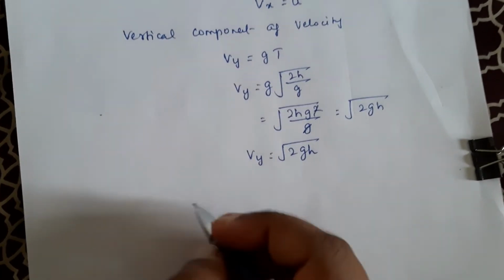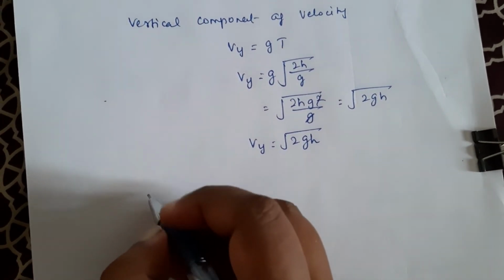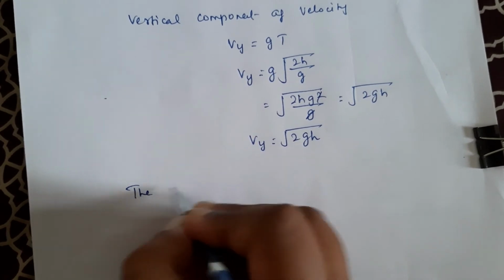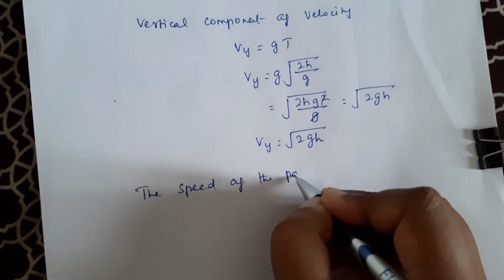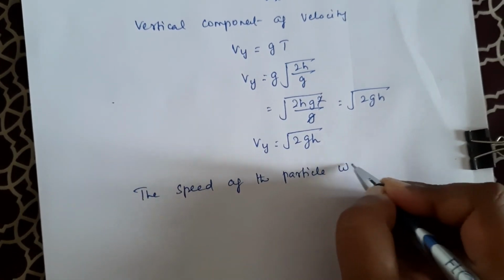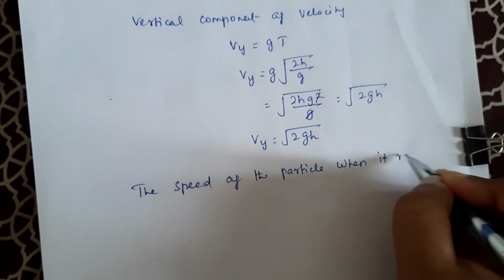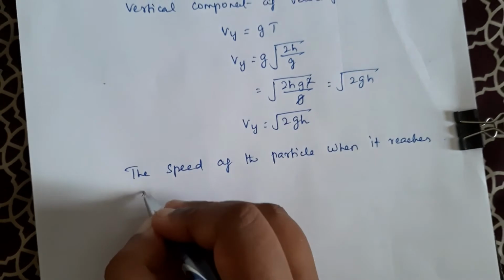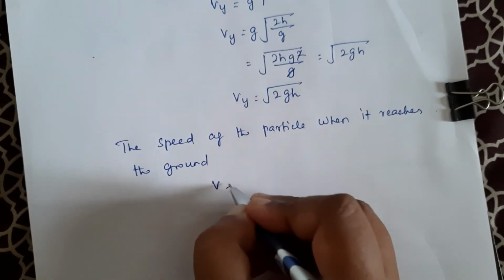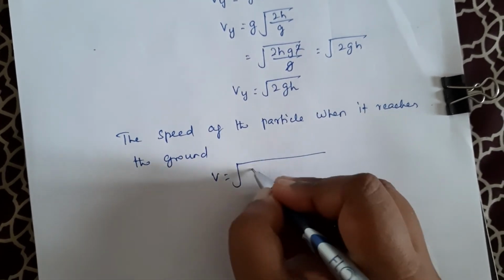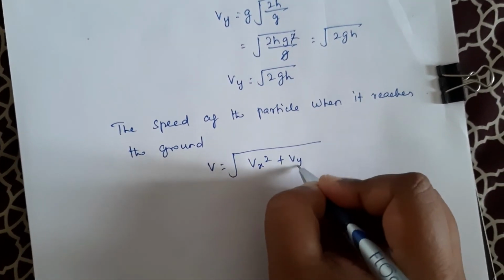Now, we have to find out the speed of the particle when it reaches the ground, that is V is equal to root of Vx square plus Vy square.